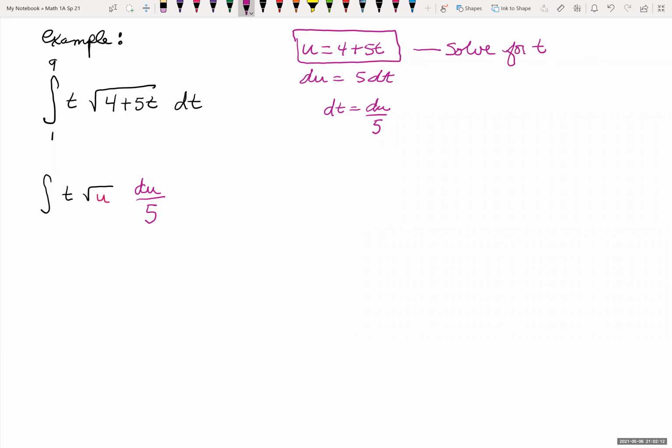Because if we do that, then we have t as a function of u, and then we'll just have u in that integrand. To solve for t, I would subtract 4 on both sides. So I get 5t equals u minus 4. Divide both sides by 5. I get t is equal to u minus 4 over 5.